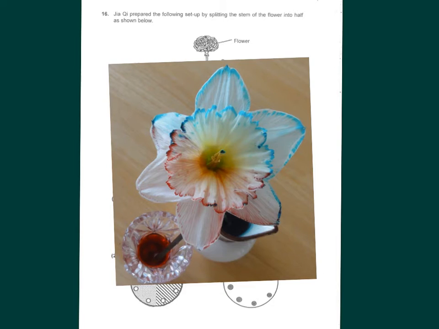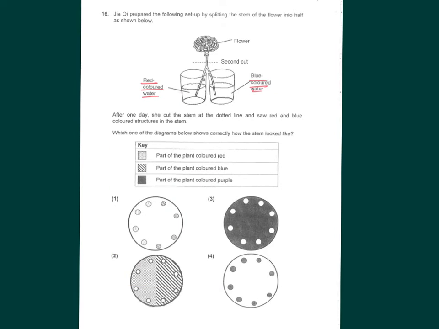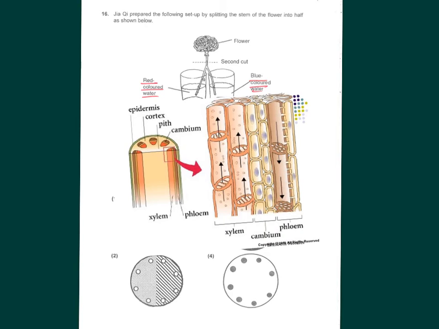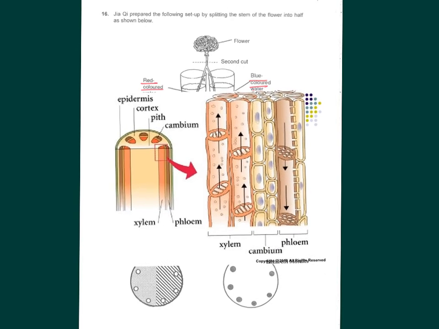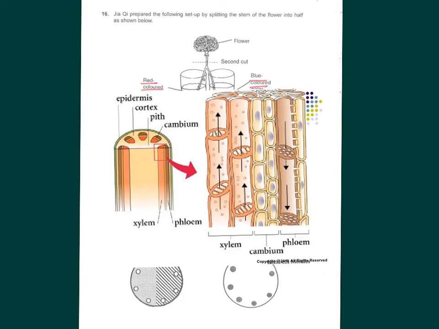Okay, and the next thing that you must know is that water is being carried up in the stem through special vessels, or special tubes. All right, so this is another picture I would like to show you about the stem.